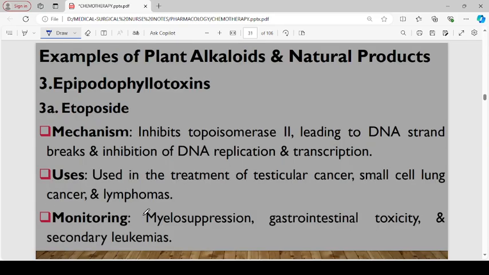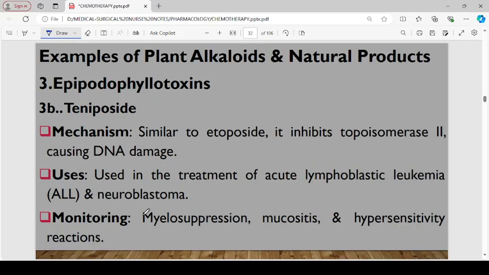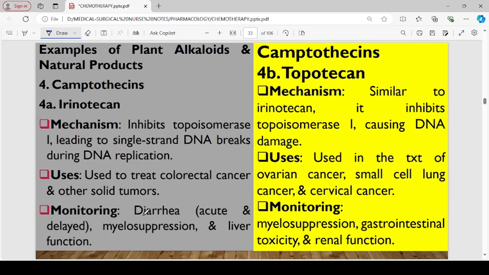The third subgroup of the plant alkaloids includes the epipodophyllotoxins. The epipodophyllotoxins include examples like etoposide and teniposide. Examples of plant alkaloids under the fourth category, the camptothecins, include irinotecan and topotecan.